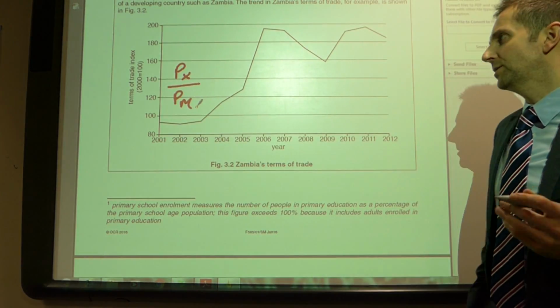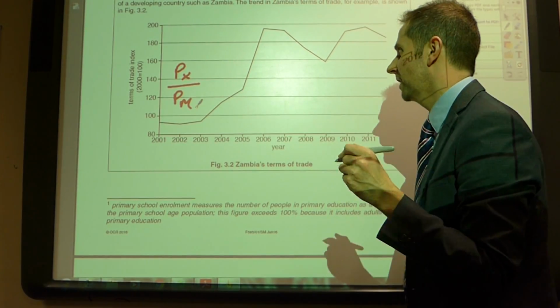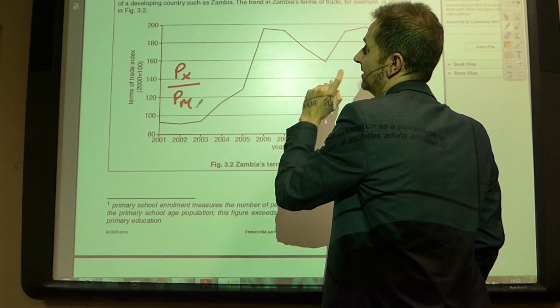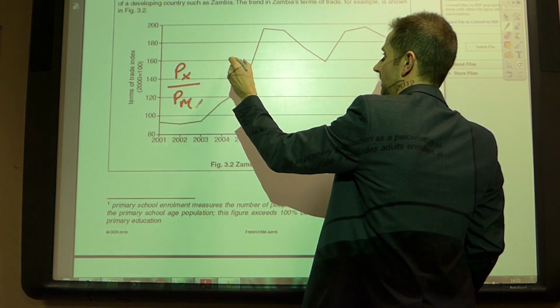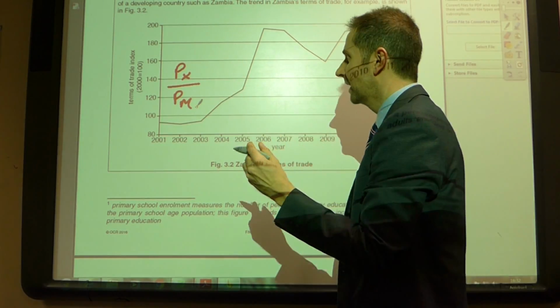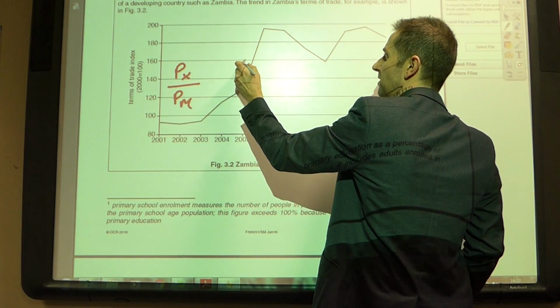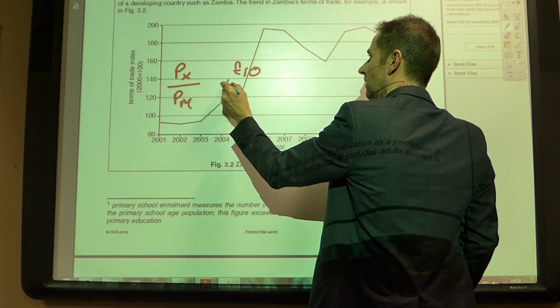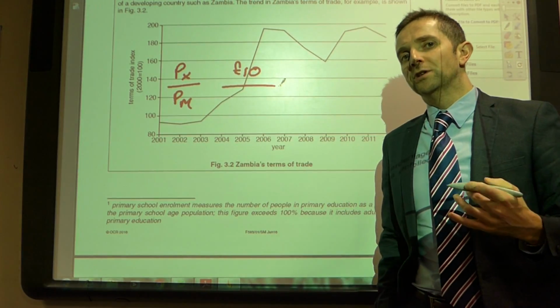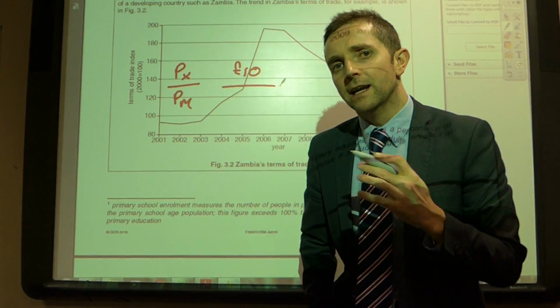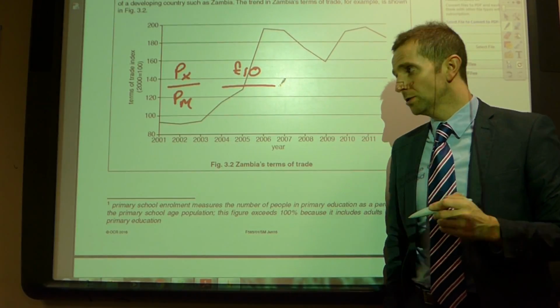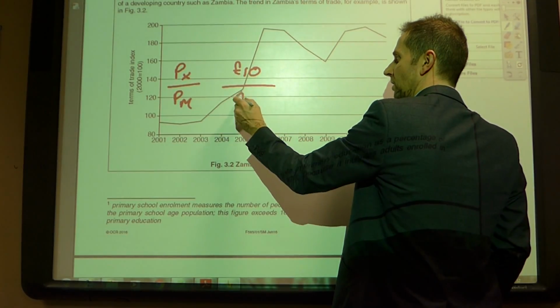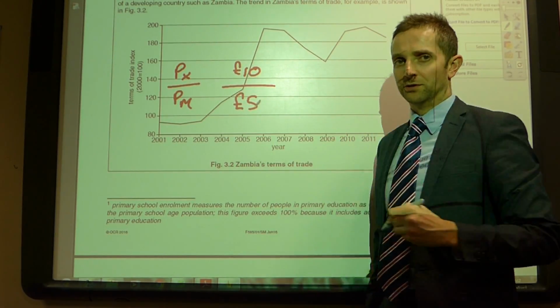Okay, so let's say the price of copper is selling for, let's just use sterling here to keep things simple, £10 a unit. And let's say you, as the developing nation, are trying to bring in capital goods, and those capital goods are £5 a unit.